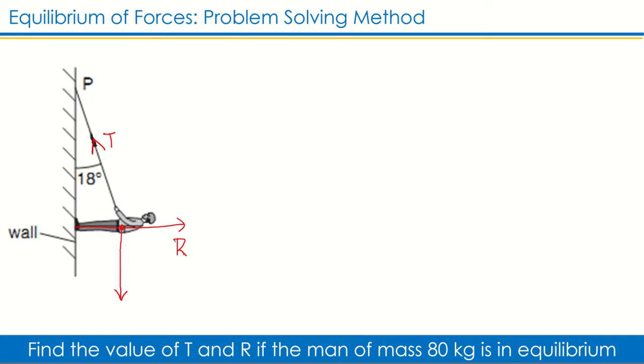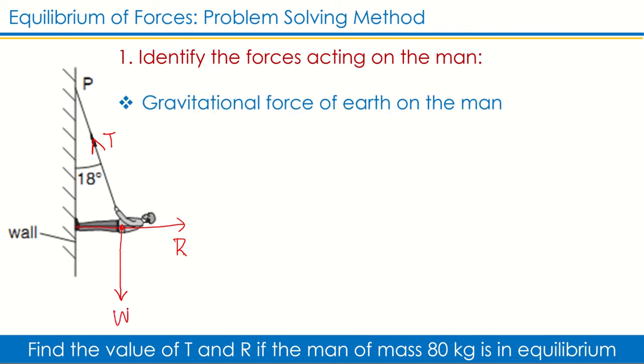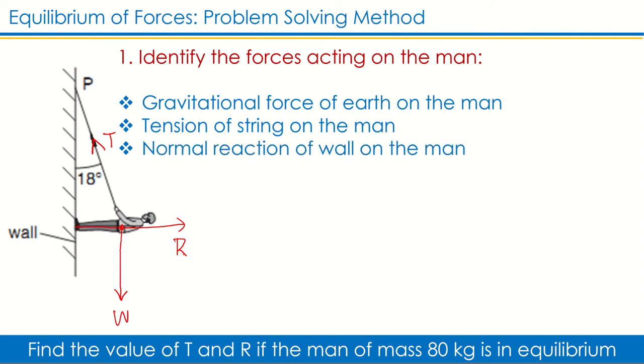Number one, you are supposed to identify the forces acting on the man. There are three forces acting on the man: the gravitational force of the earth, the tension of the string, and the normal reaction of the wall.